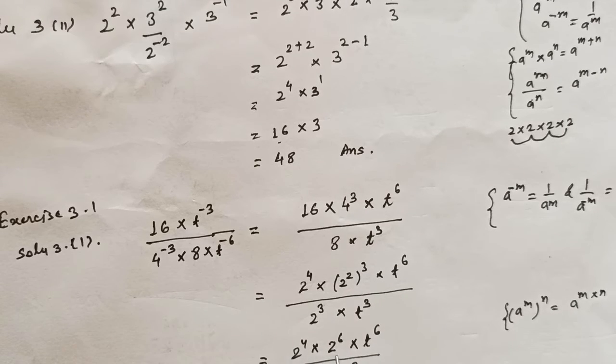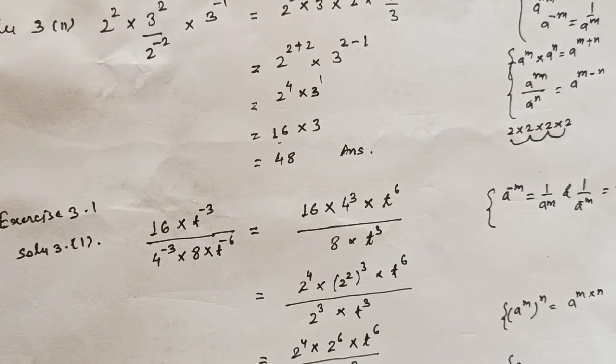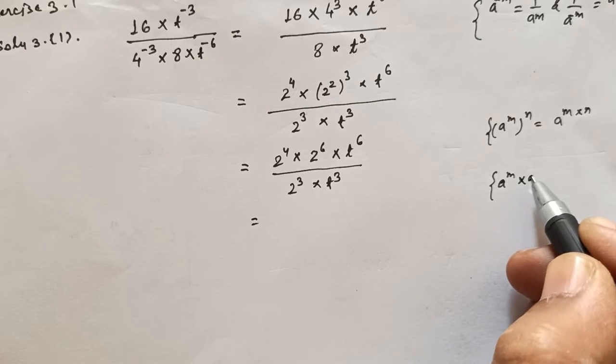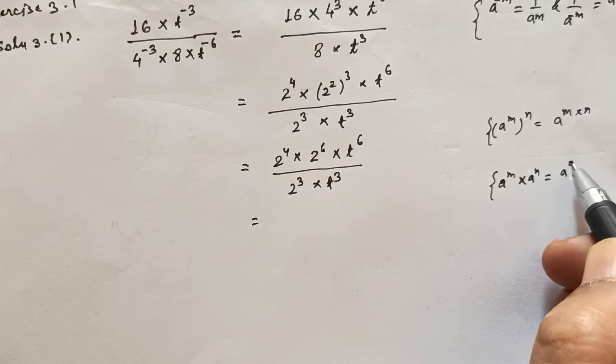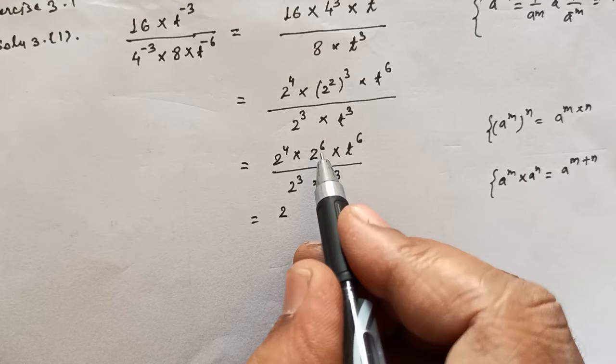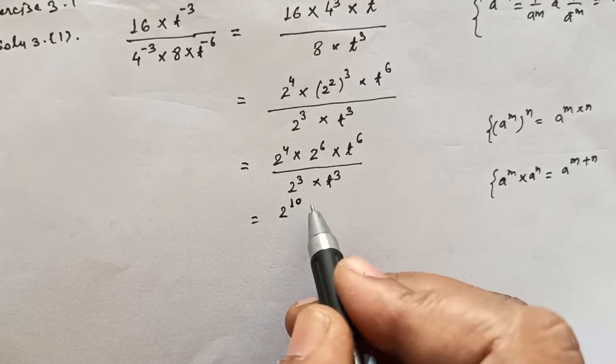Now base are same and multiply. a to the power m multiply a to the power n, a to the power m plus n. 2 power 4 plus 6 is 10.